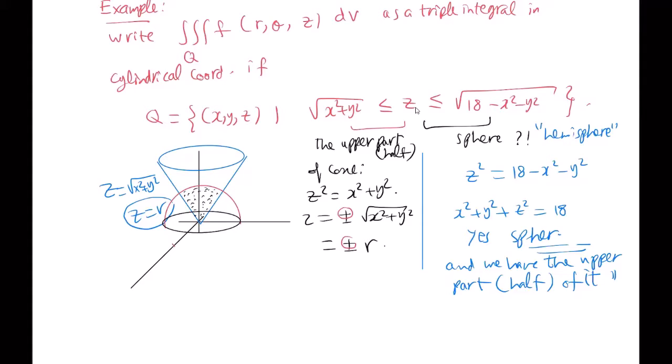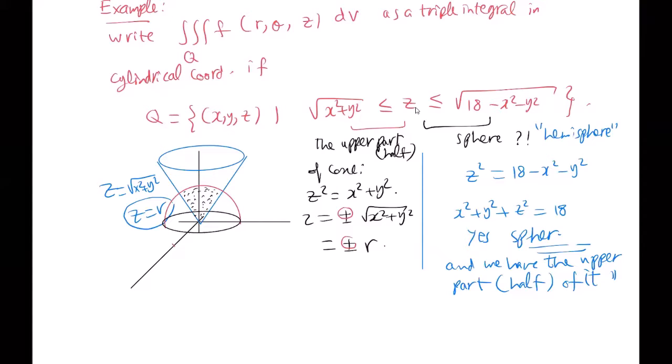These points are the points satisfying this inequality. Z here is bigger than the Z of the cone and less than the Z of the points on this sphere.